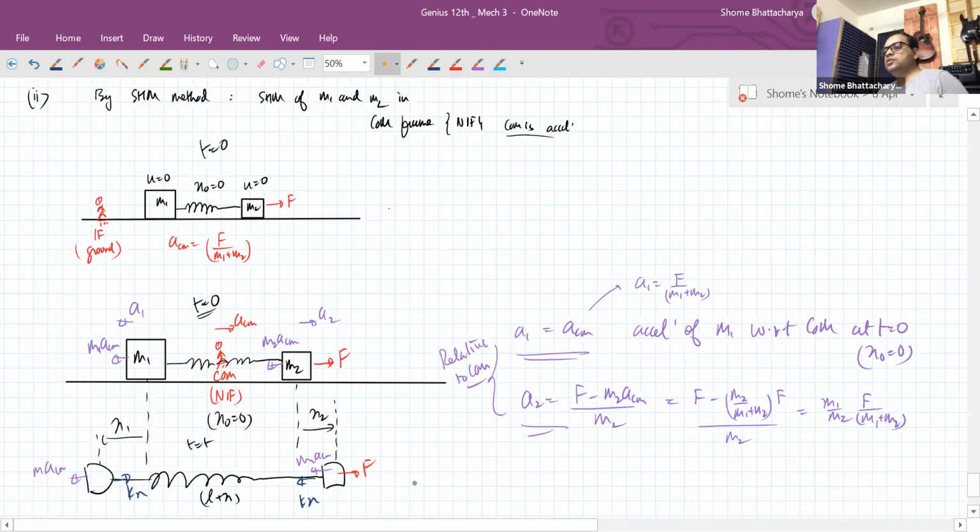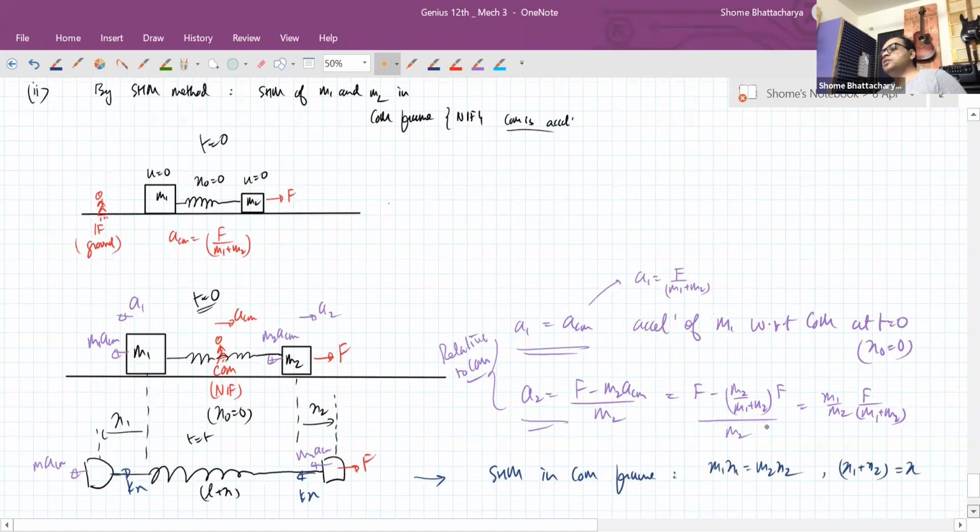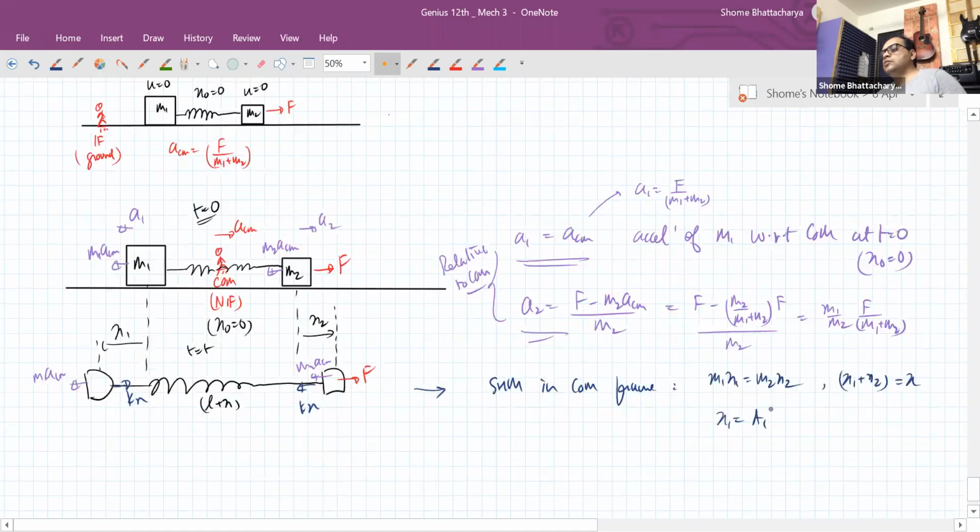Okay. So we know that these two will be doing SHM in center of mass frame such that m1 x1 is equal to m2 x2. x1 plus x2 is the net extension of the spring x. And x1 will be some a1 into 1 minus cos omega t type function, and x2 will be some a2 into 1 minus cos omega t type function, where omega will again be square root of k by reduced mass.